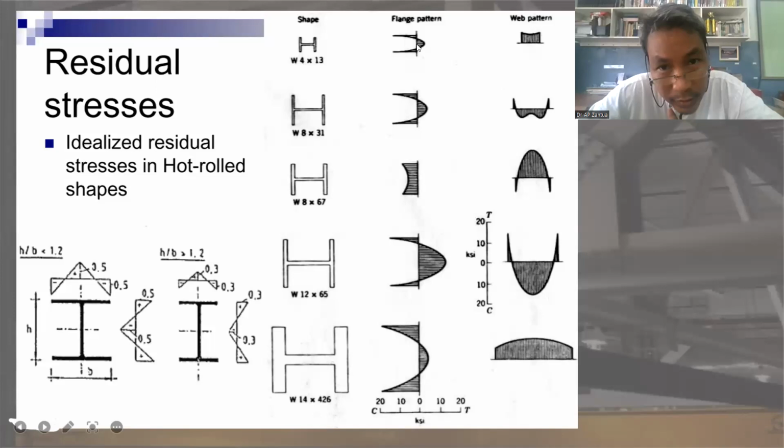But it doesn't look like a roofing system with straight lines. So take note of the residual stress.